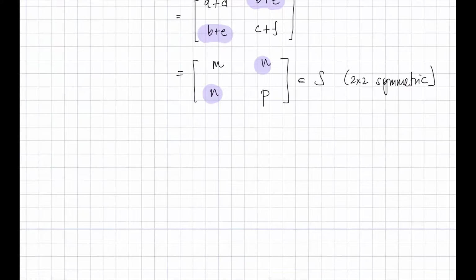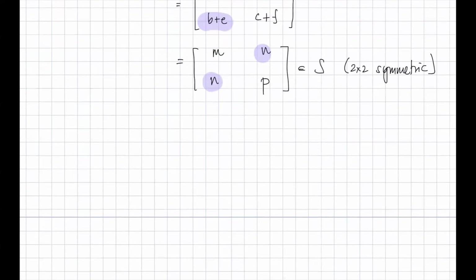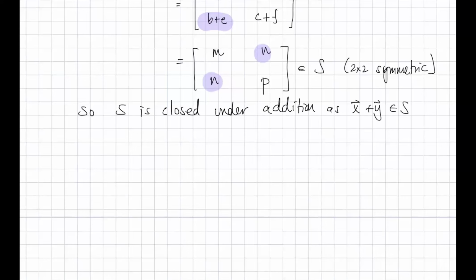So once I'm in the subspace, I can't leave the subspace or get something outside of the subspace by simply adding two elements together. So S is closed under addition, as X vector plus Y vector is in S whenever X and Y are in S.